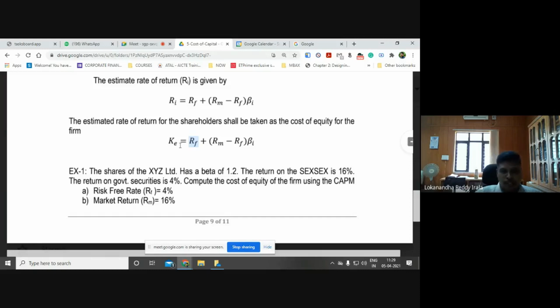That is what you get if you invest without risk, plus the return on market. The return on market is something like the Sensex or NSE Nifty. Then the differential return is market return minus risk-free rate, which you multiply with the beta of the security. You again get the cost of equity.